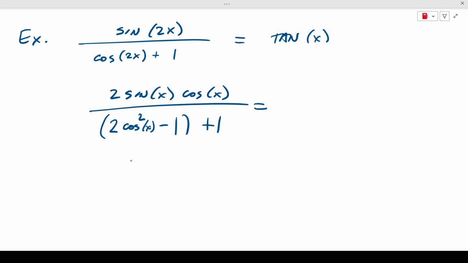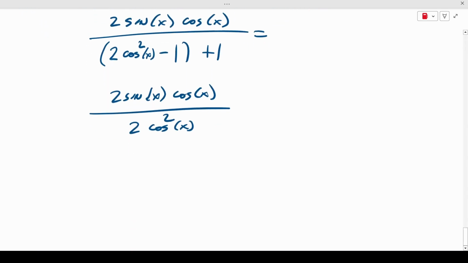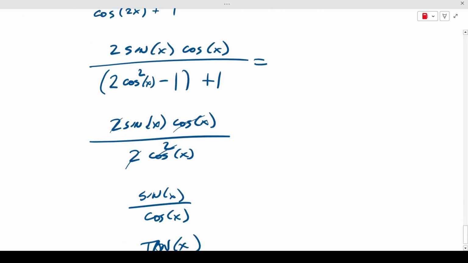Okay, so then I get 2 sine x cos x over, this becomes 2 cos x squared. I can cancel, and cancel. I get sine of x over cos of x, and of course, that is tangent of x, which equals my right-hand side.